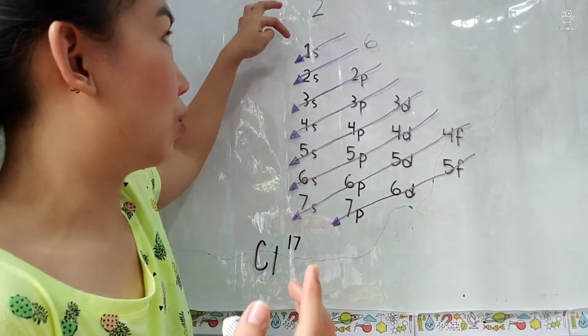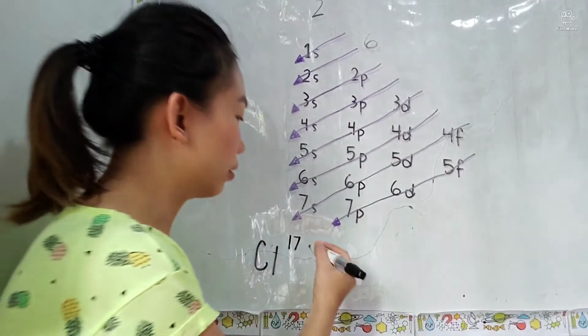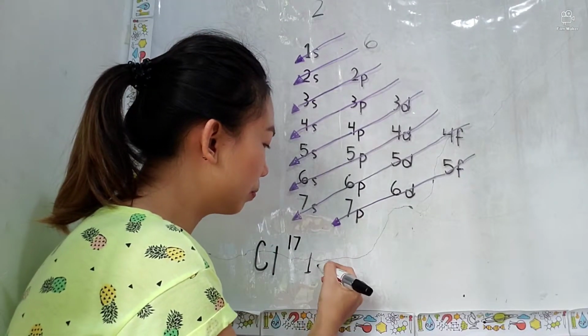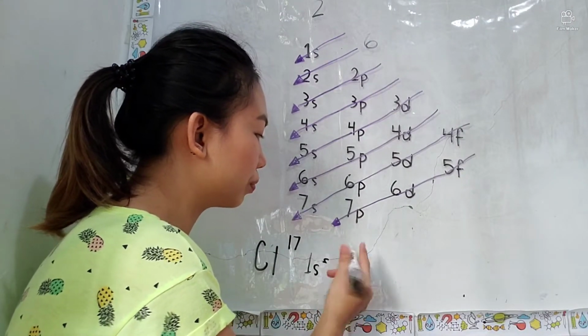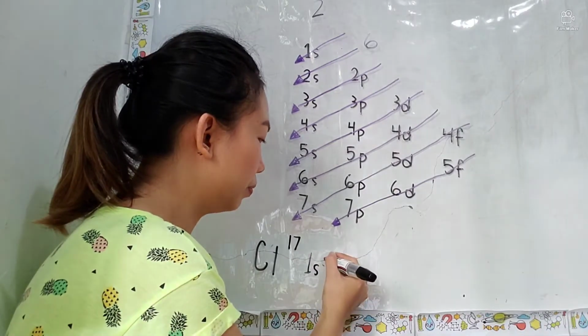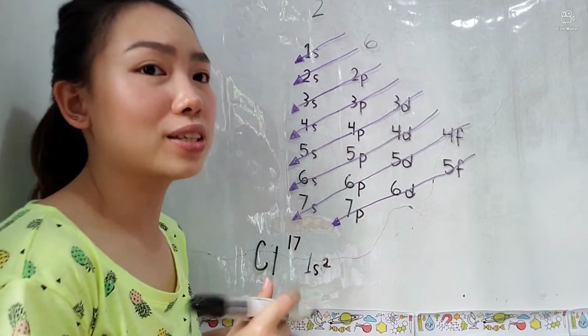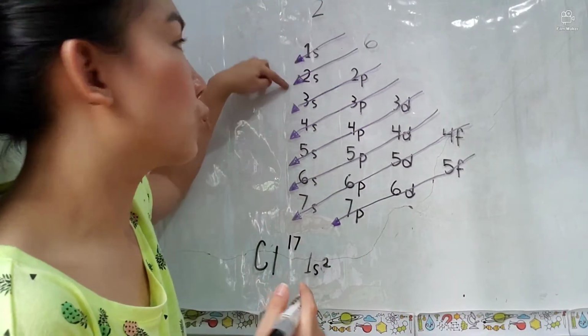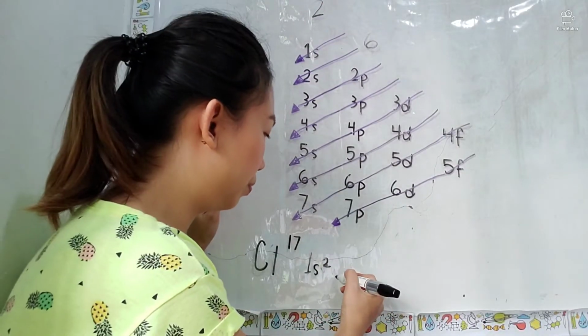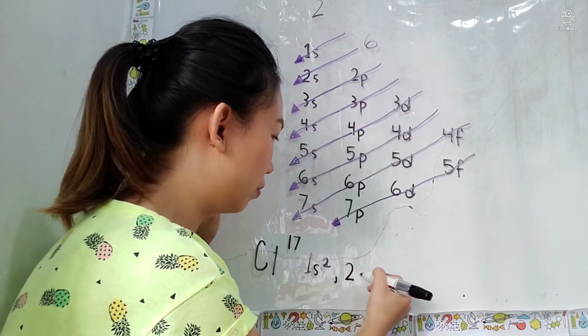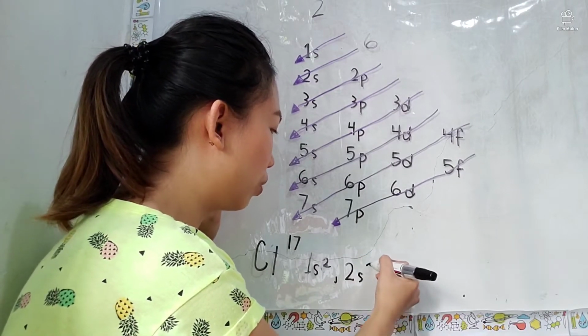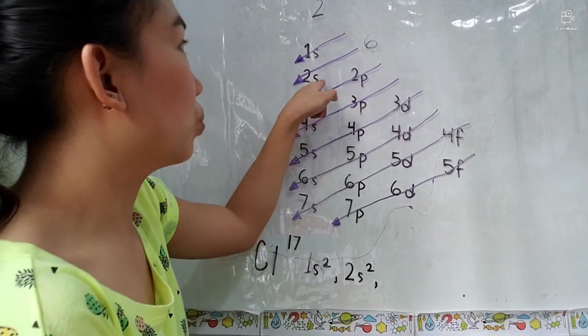So, again, start tayo kay 1s. So, we have 1s2. Next one is 2s2. Anong kasunod ng 2s2?